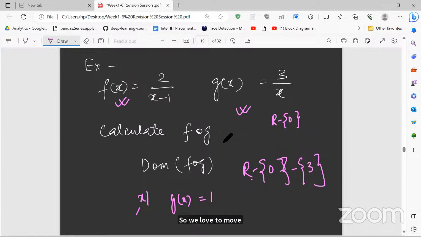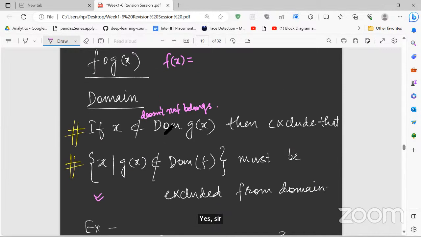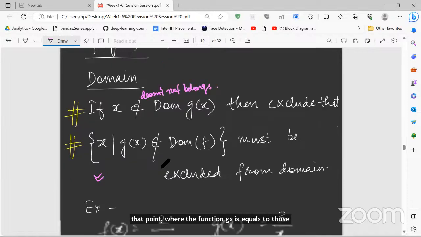Okay. The first statement is that you have to exclude all those values of x which are not in the domain of g. The second statement is that you have to remove the values of x at the points where g(x) equals those values which were not in the domain of f(x).